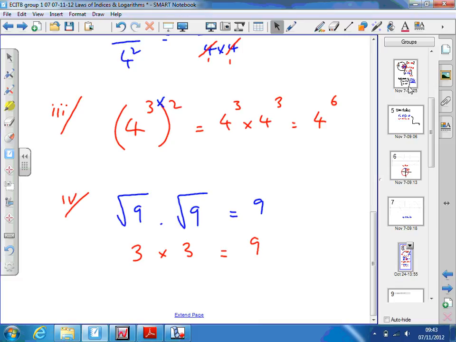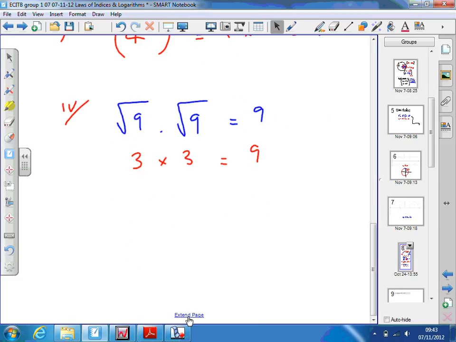So if we think about this in terms of powers, 9 to the power a half multiplied by 9 to the power a half, using the first law of indices, what do I do with the powers? Add them together. A half plus a half is 1. So it gives us 9 to the 1, or 9. Multiply.